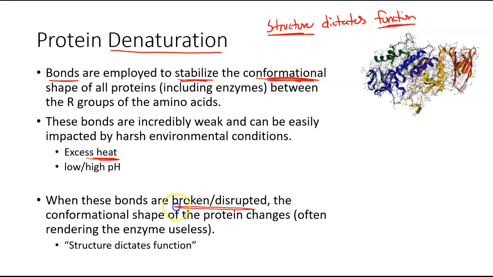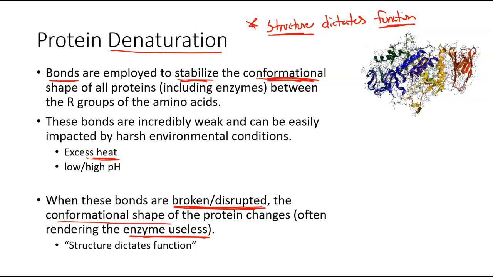When the bonds that are designed to hold that conformational shape intact start breaking, the conformational shape of the protein changes. It often renders it useless because, again, structure dictates function. If you change the way a particular molecule is structured, you're going to change the way that it functions.